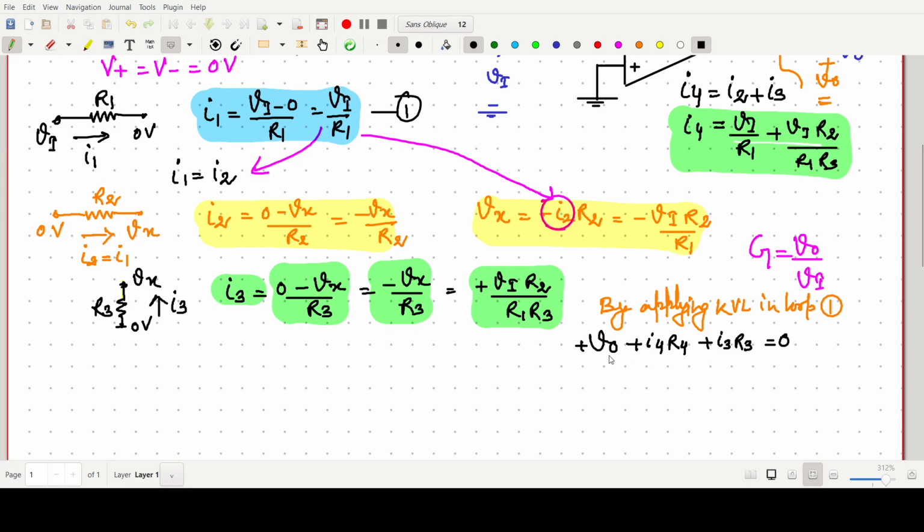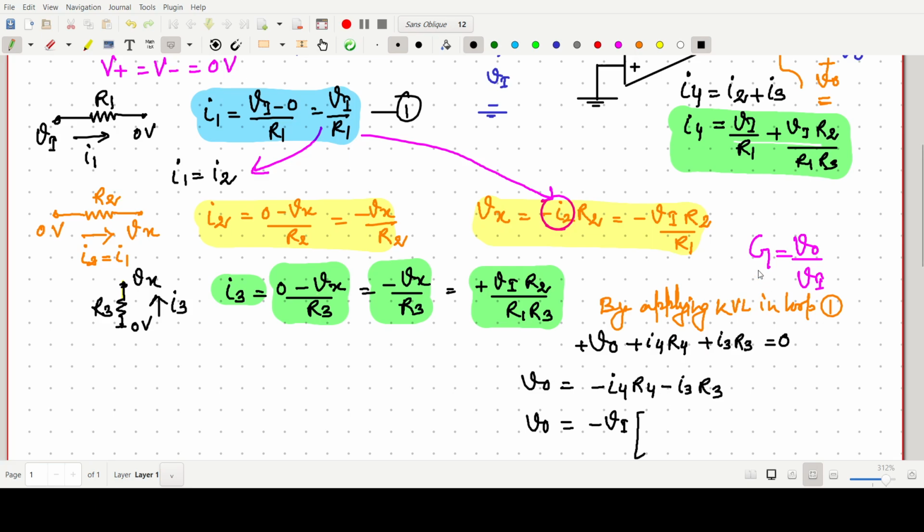Now there is the expression for V naught. V naught can be written as minus I4 R4 minus I3 R3. The I4 value is now known to us, this expression with the minus sign. In both terms Vi is common, so I am taking minus Vi common, and R4 is also there.